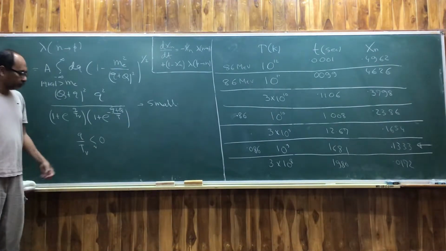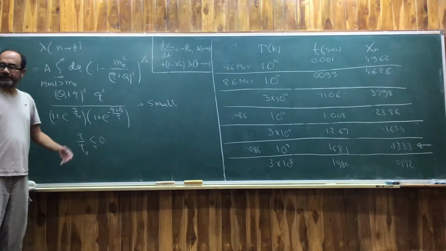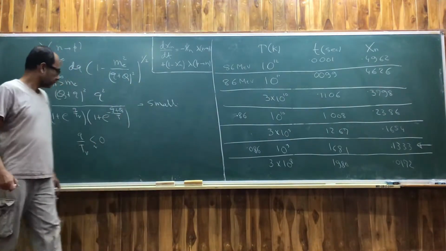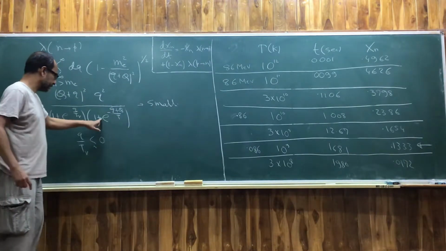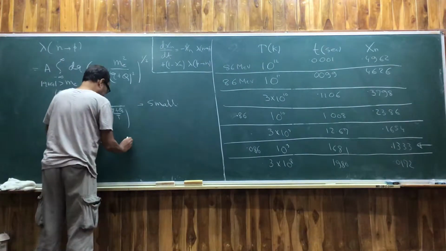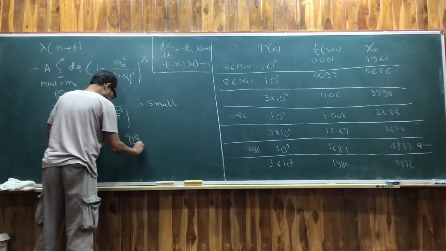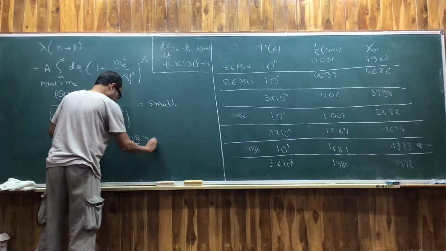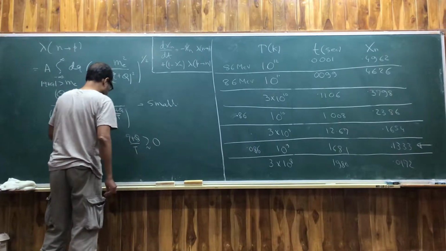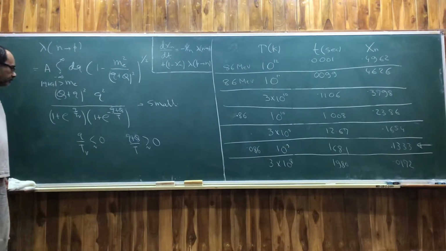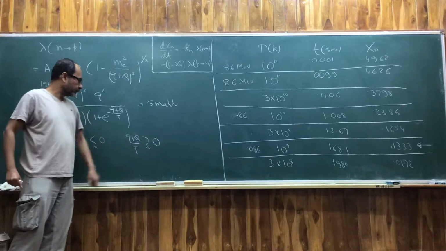Q over T should be less than 0, or if it's not less than 0, it's of order 1. This one tells us that q plus Q over T must be greater than 0 or of order 0.